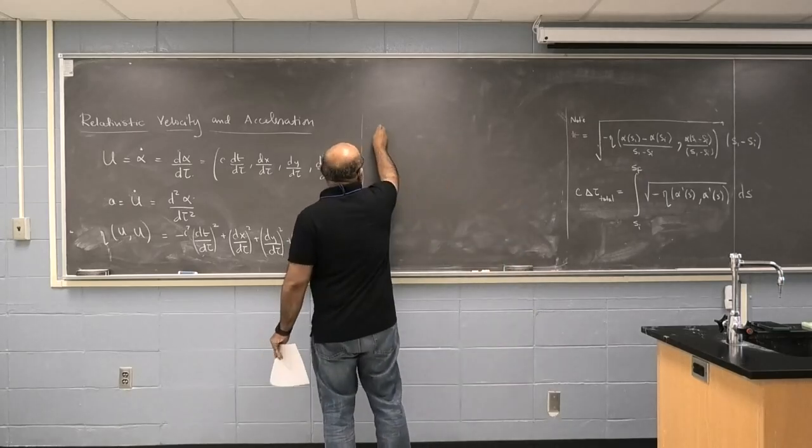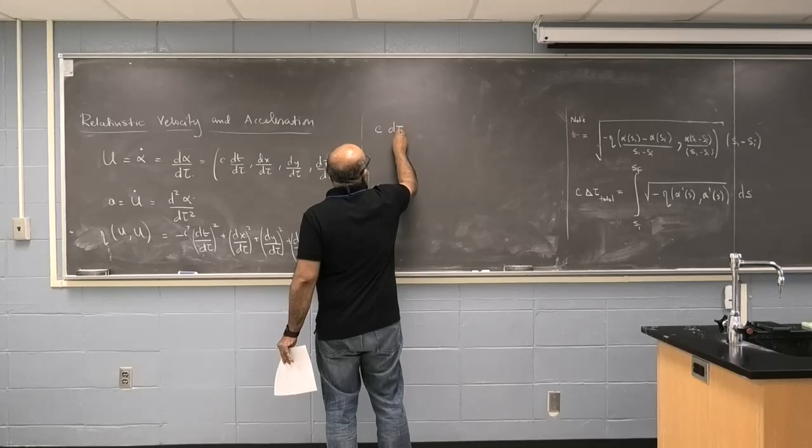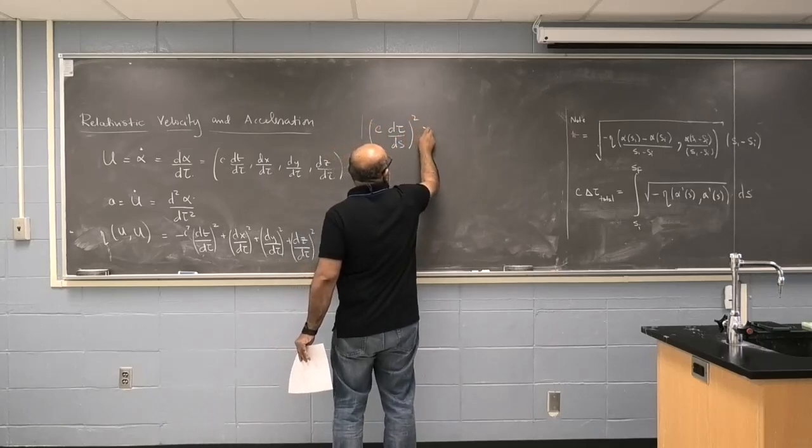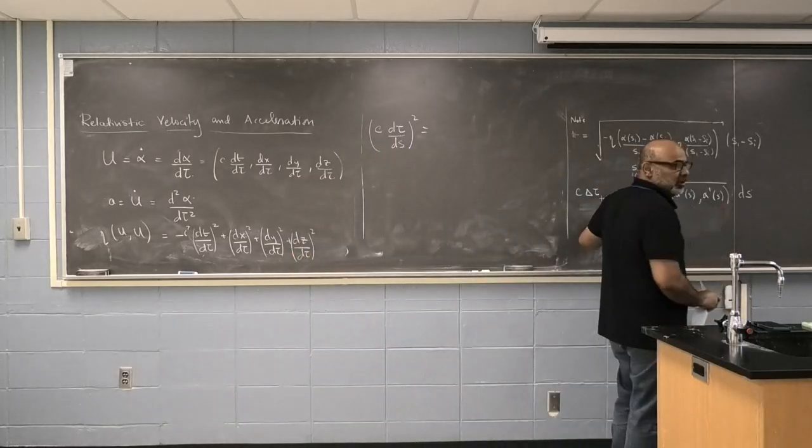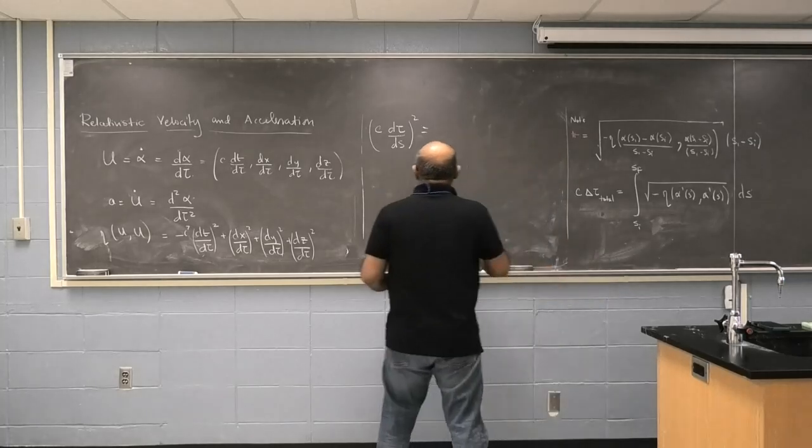If I look at that, c d tau is ds, and I'm going to square it. So I bring this over here. Is equal to what?